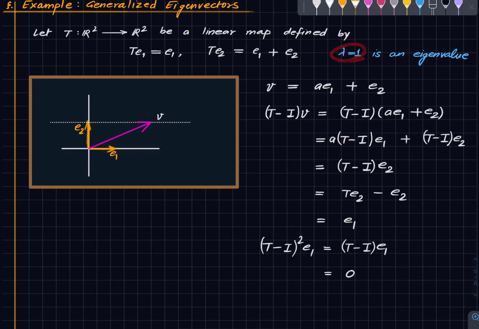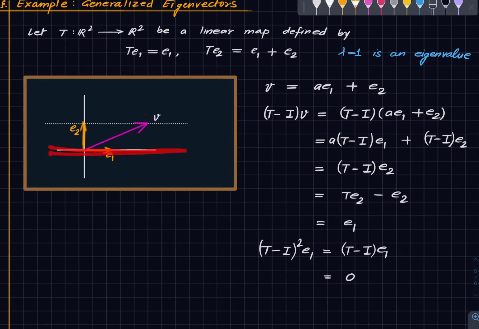Even if I had written a B over here, it would still get killed by (T minus I) squared. But some of those things happen to be eigenvectors, like things here. These are eigenvectors as well as generalized eigenvectors, because every eigenvector is a generalized eigenvector, but not every generalized eigenvector is an eigenvector. Fine, so I hope this example was illustrative.